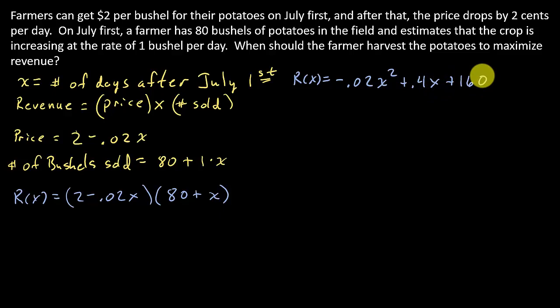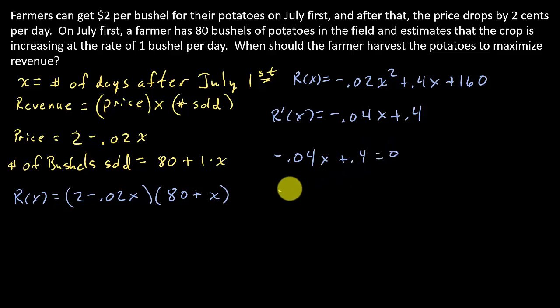And so now I want to maximize the revenue. So to maximize this, I'm going to take the derivative. So R prime is negative 0.04x plus 0.4. All right. And then we'll set this equal to 0. So that's negative 0.04x equals negative 0.4.